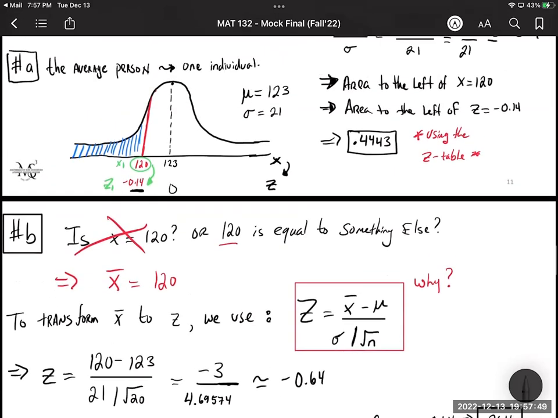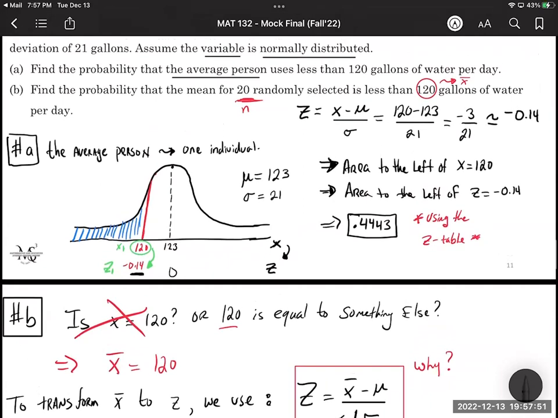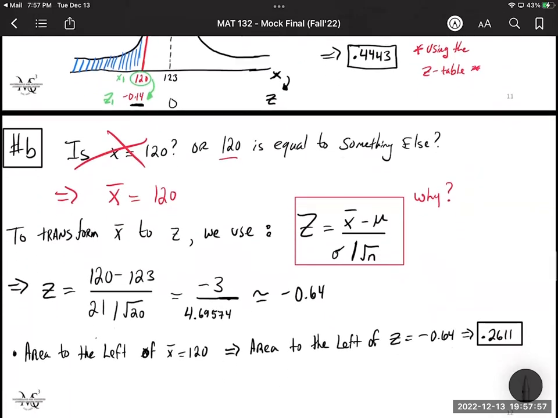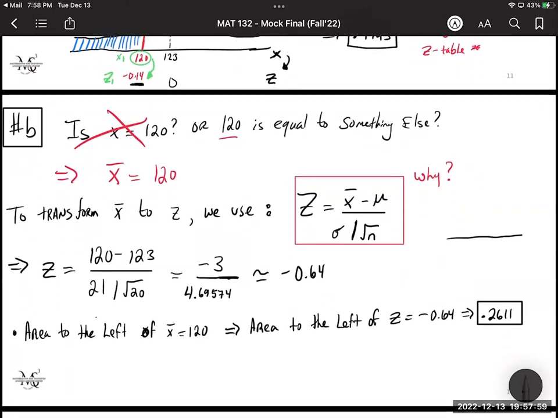For example, because we're finding the probability of sample means at the end of the day, how can I tell that when I look at the distribution of the sample means, this distribution is normal? Well, not because n is 20 and it's less than 30. There's a little bit more to it.